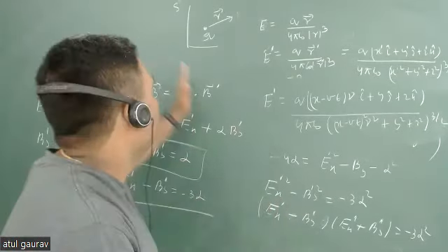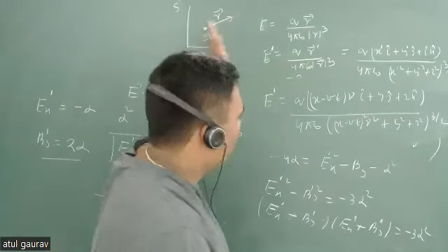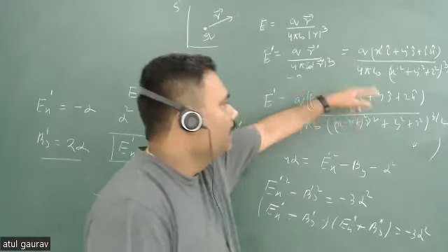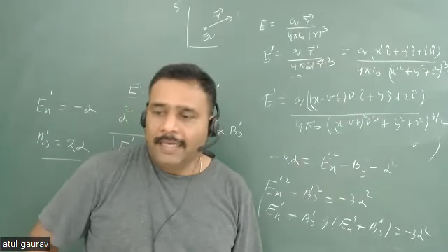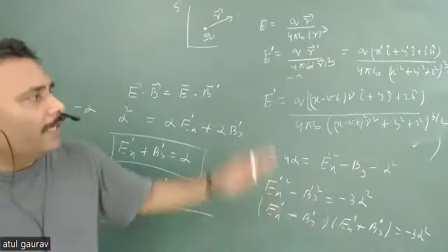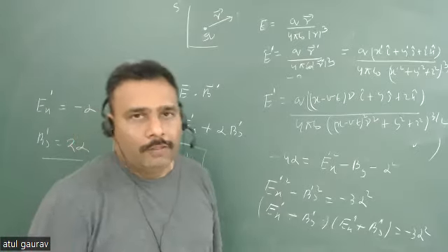But after time t, when S dash is moving with respect to S after some distance, then you have this sort of information. Clear? So such very fundamental questions have also come in your exams.